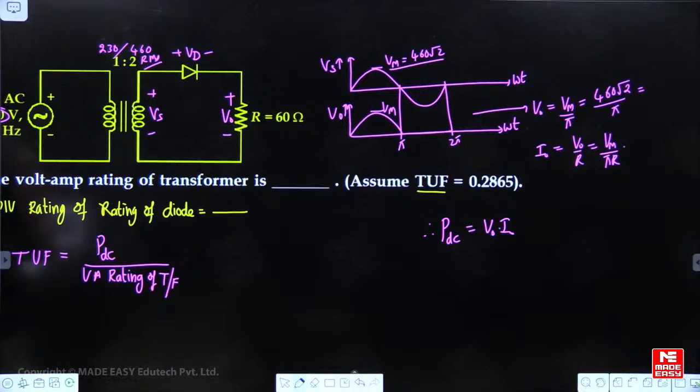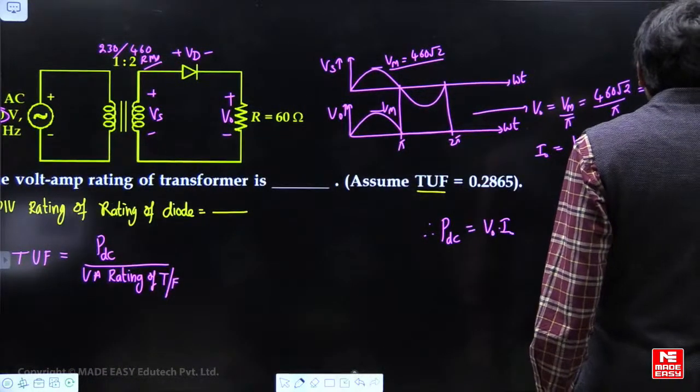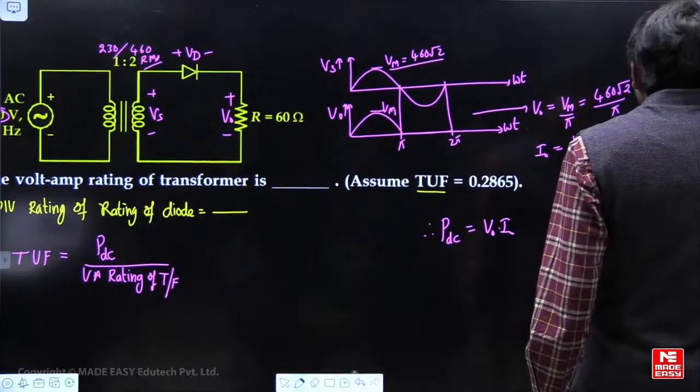Dear students, verify this value. Let me calculate this. 460 root 2 divided by pi, so 207.07 volts.